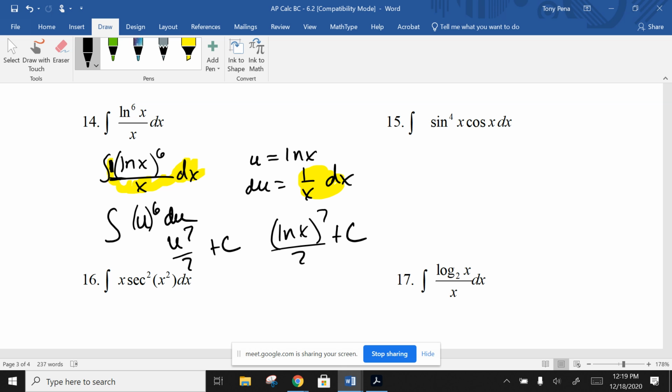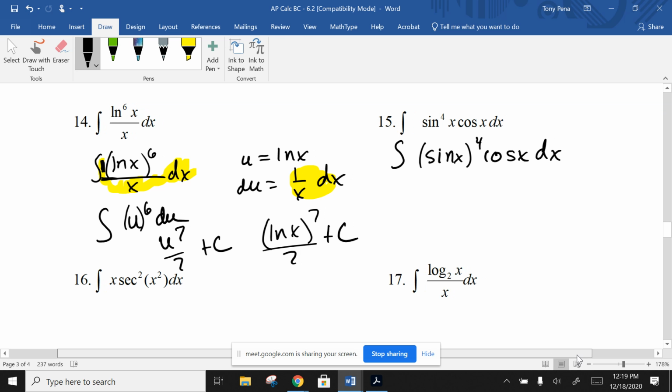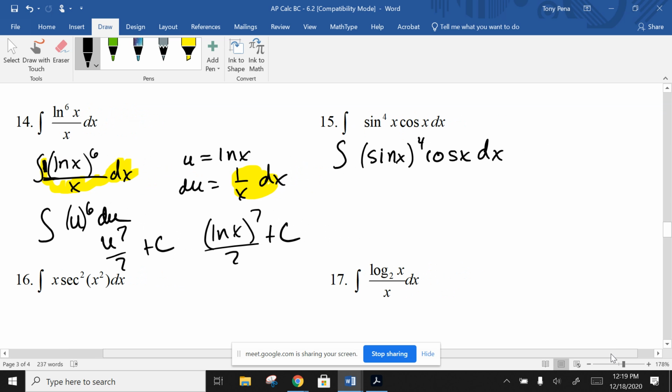All right, easy enough. 15 should hopefully be nice at this point. Rewrite this as sine of x all to the 4th power. That gives us now a clear inside term. If you think ahead a step, if you let u be the inside term of sine of x, the derivative is cosine of x, which is what we also needed.